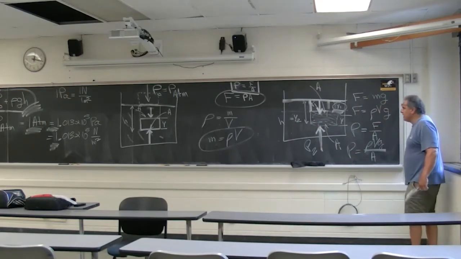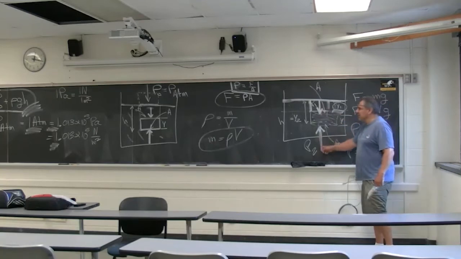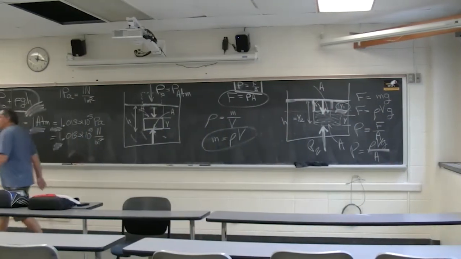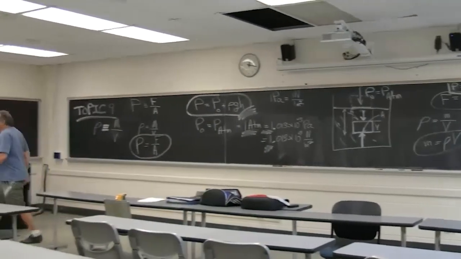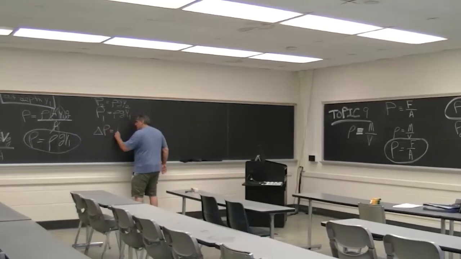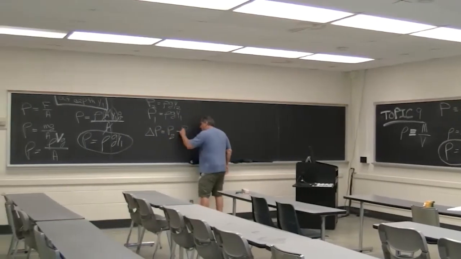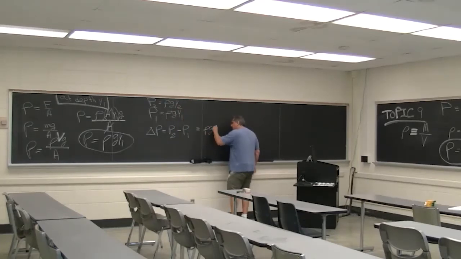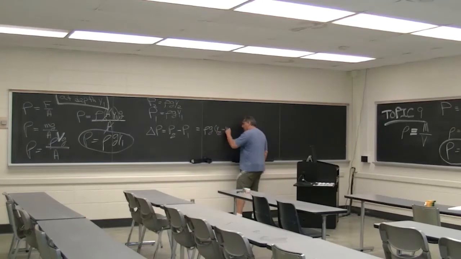We got this. That's crazy. What's going on here? There's a difference in pressure here. Delta P equals P2 minus P1 equals this minus that, which is rho g (Y2 minus Y1).